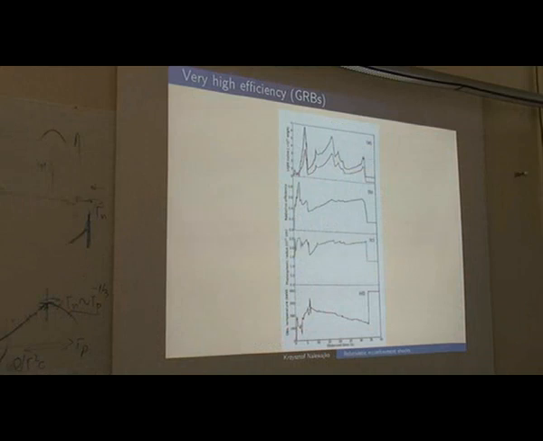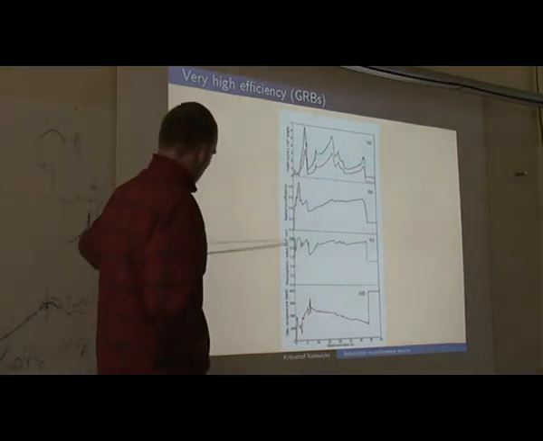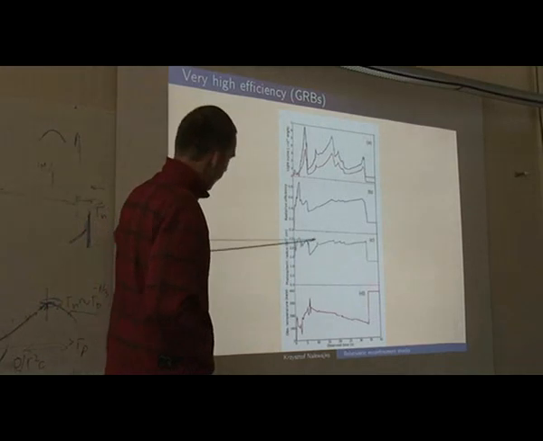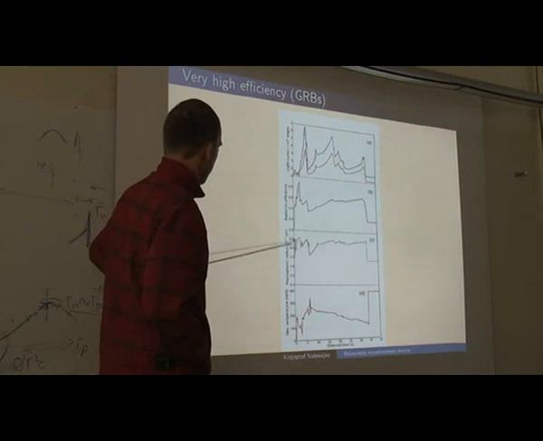And they calculated opacity, and they show the photospheric radius, which is of the order of the size of the emission region.